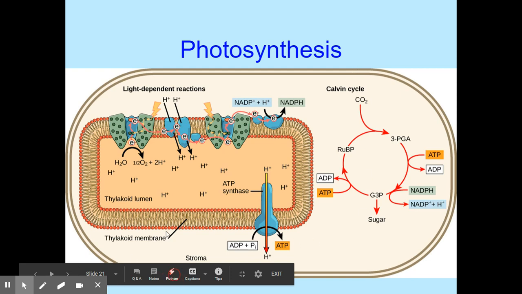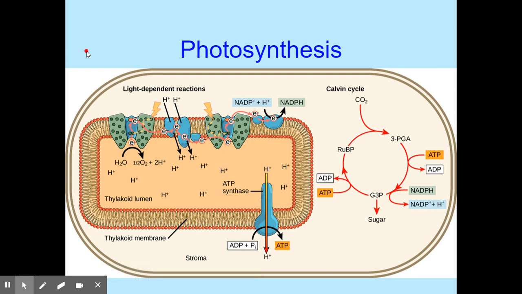Okay, so the way photosynthesis works all together with those two reactions is light comes in, hits the plant cell, and while we have light, we get the splitting of water. Our oxygen gets let go because we don't need it. That's our waste product in the light-dependent reaction.